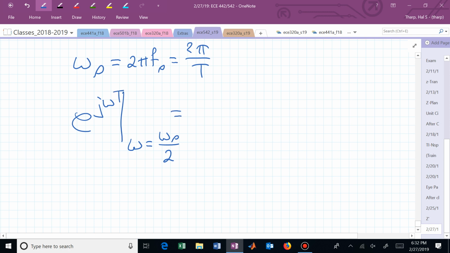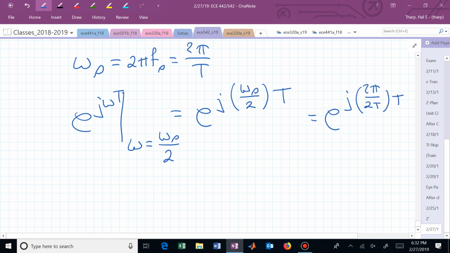This now becomes e to the j, we replace omega with omega sub s over 2. But omega sub s is 2 pi over capital T. And where did we end up? The 2's cancel, the T's cancel, and we end up at e to the j pi.